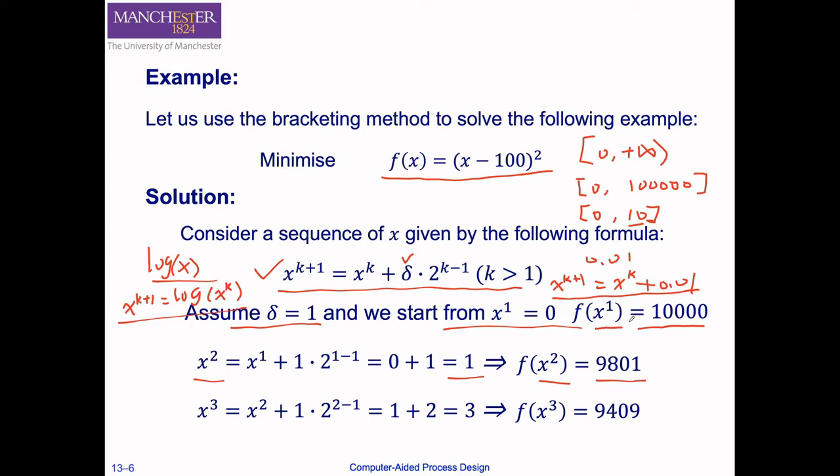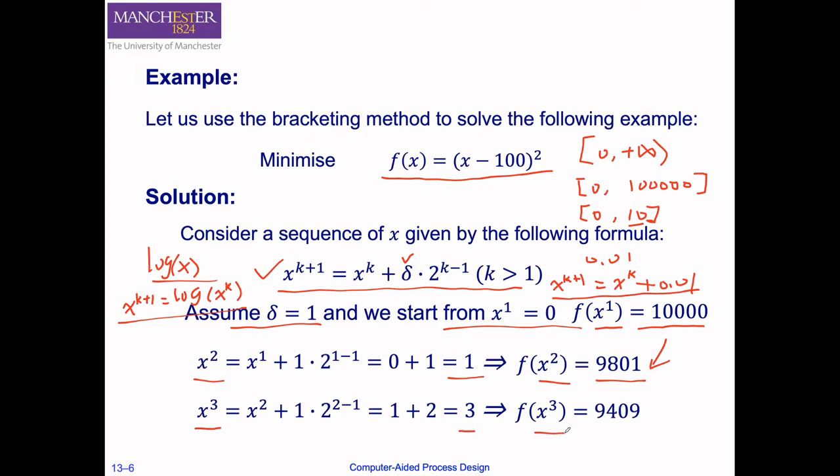Then we can compare the function value at x is equal to 0 and at x is equal to 1. Then you can see we get a better function value. The function value is decreased. So we need to continue. We continue to get the third trial point, which is equal to 3.